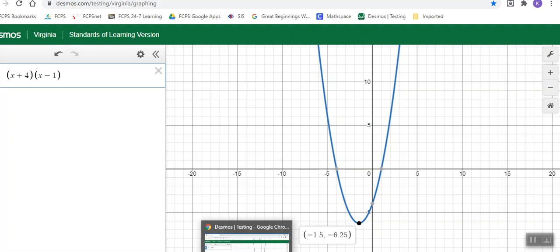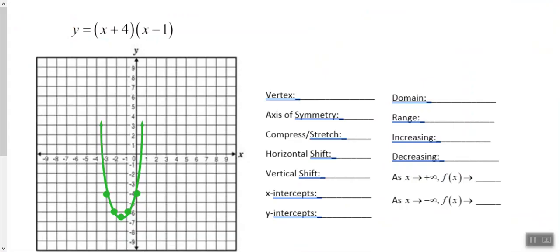And decimals are okay with graphs. So my vertex occurs at negative 1.5 and negative 6.25. Which means my axis of symmetry is going to be x equals the x value of my vertex, negative 1.5.